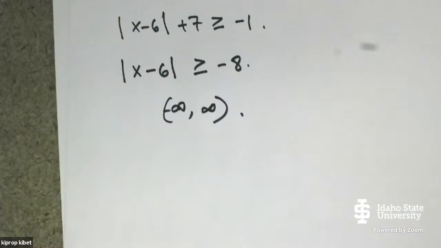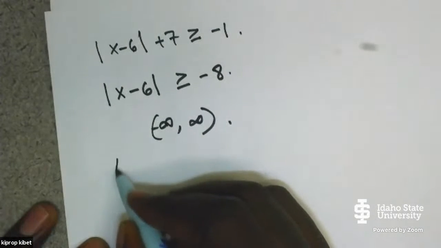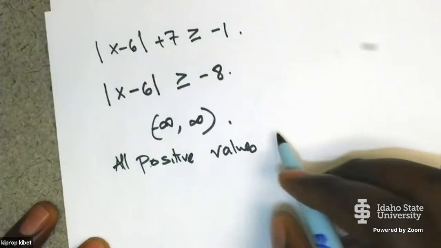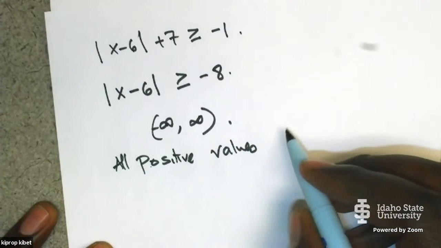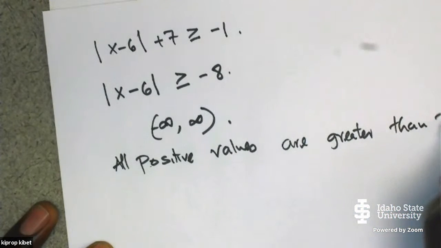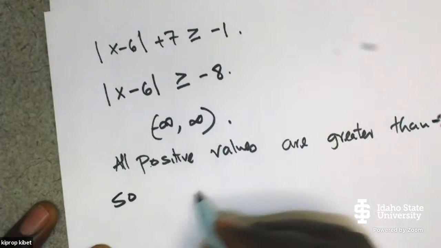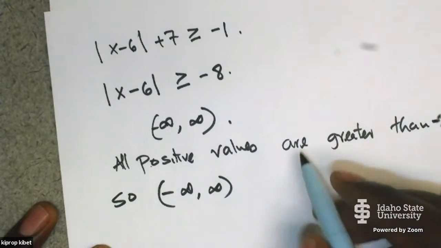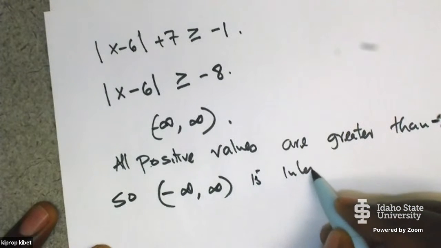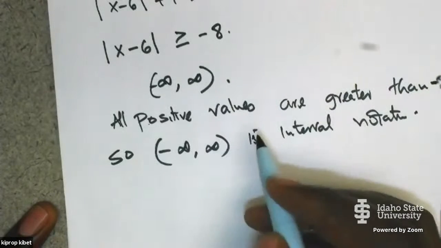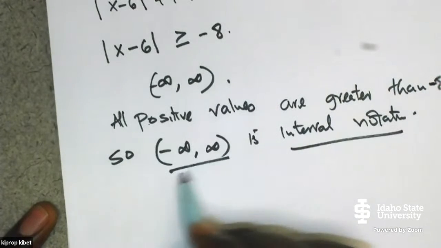So we can write all positive values are greater than 8 or greater than minus 8. So minus infinity, infinity is the interval notation.